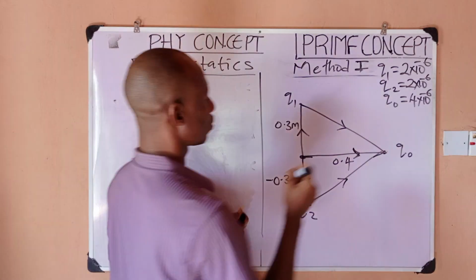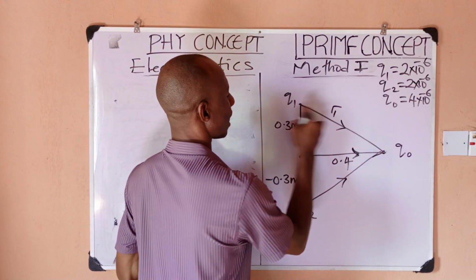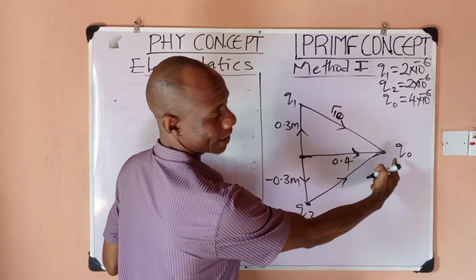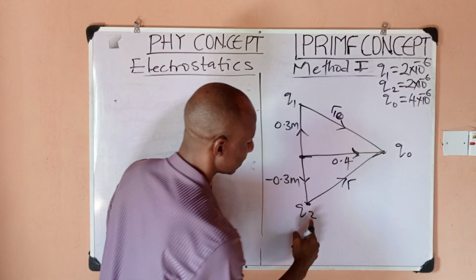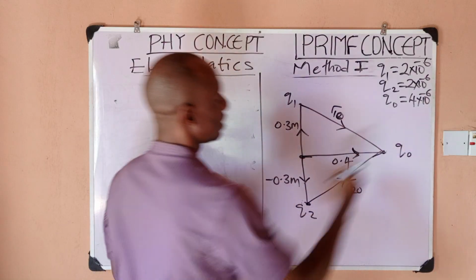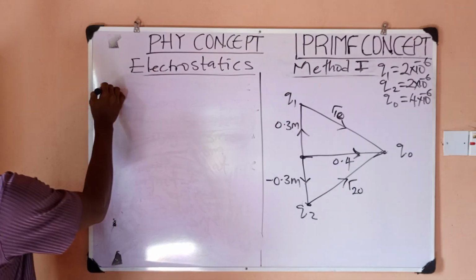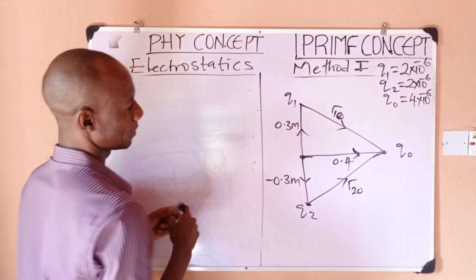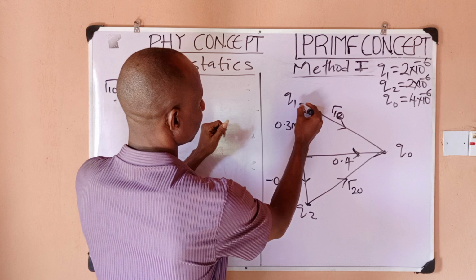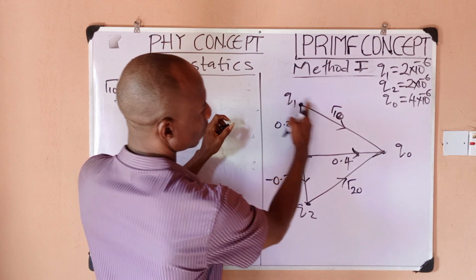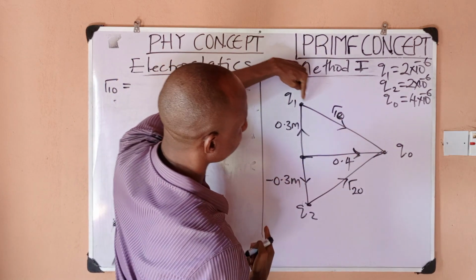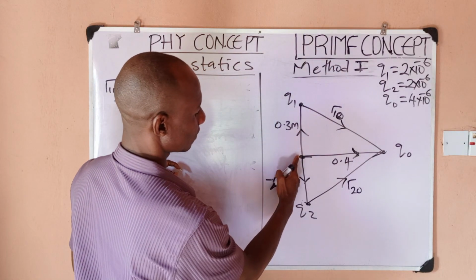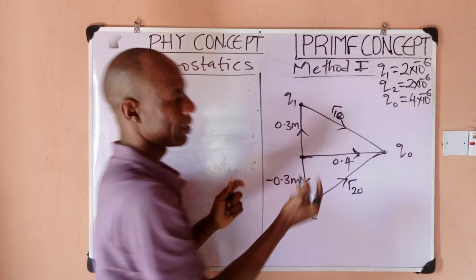Now, one thing we want to do is to find R10, that distance, and also R20, this distance. Let's do that very quickly. R10: this is where we are, and we want to get to this point. We can go like this, or we can come down and then go across.